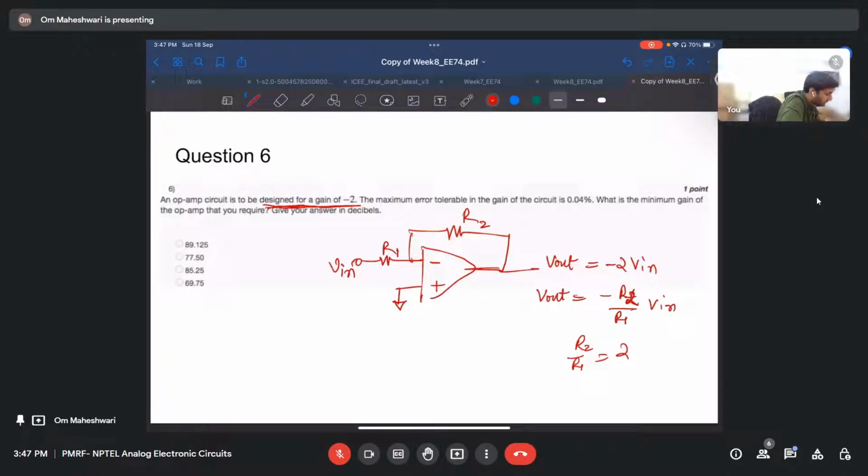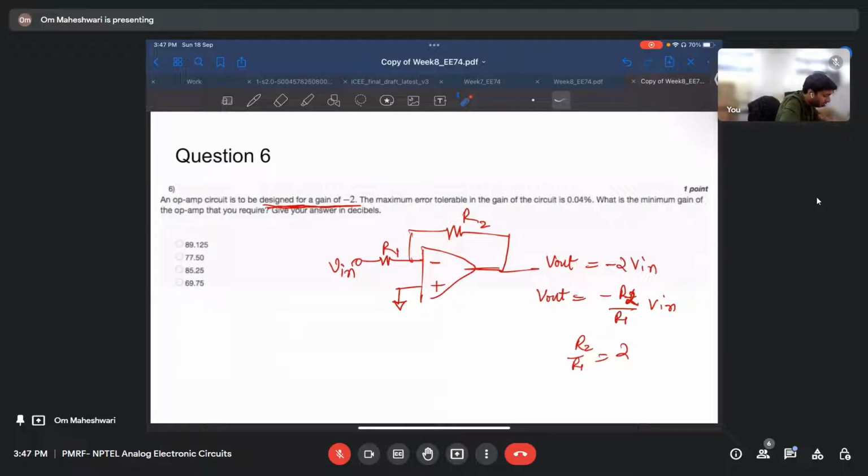So they want to design something like this, and they're saying the error that they can tolerate in this gain is 0.04%. Then what is the maximum gain of the op-amp that you require? So this is the gain of the circuit, but what is the internal gain of the op-amp to enable this?